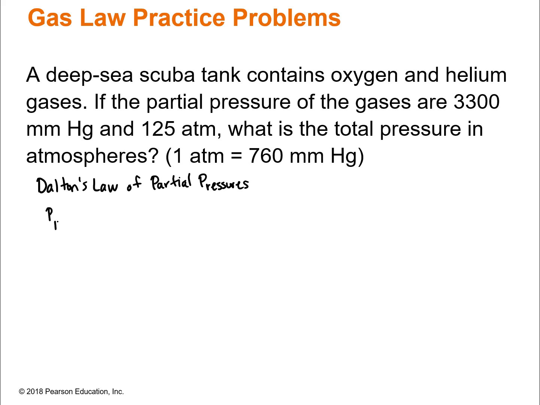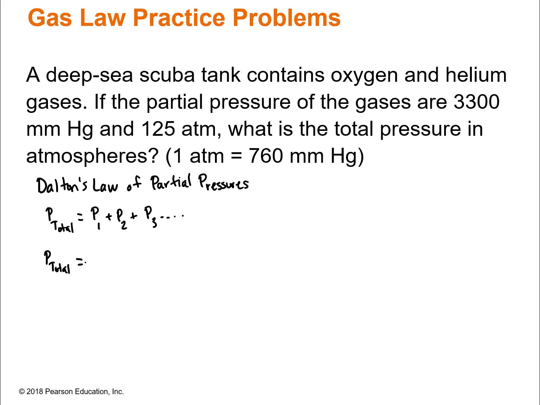And what that says is that the total pressure is equal to all the pressures of all the gases in the container. Just add them up. That's the law of partial pressures.